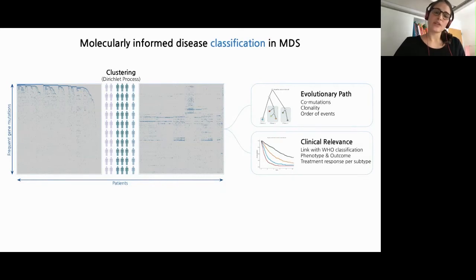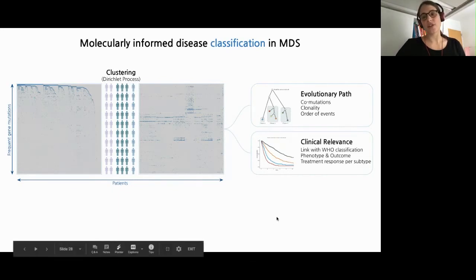And given those disease subtypes that are then molecularly defined, we're questioning the different evolutionary paths of the disease. So how do the different patterns of co-mutations lead to MDS? What is the clonality of the genes within those different classes in terms of order of events? And this should improve our understanding of the pathogenesis.